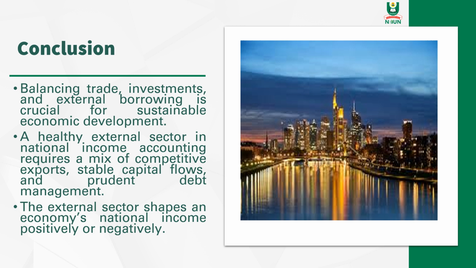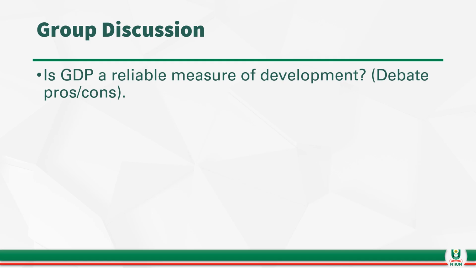And the external sector shapes an economy's national income positively or negatively depending on which side of the divide you are. Are you towards importing and not exporting to other countries, or are you even exporting raw materials? If your country is a raw material exporter, then what do you stand to gain so much from foreign currencies?